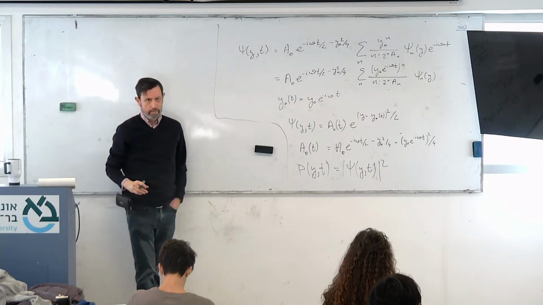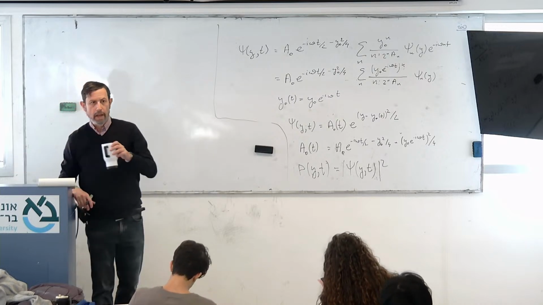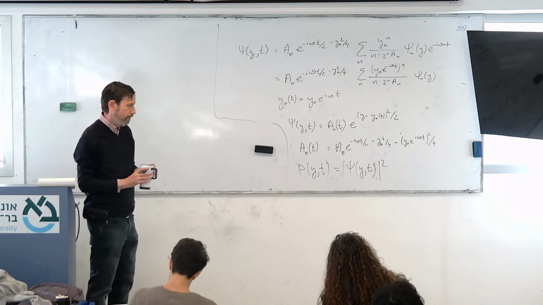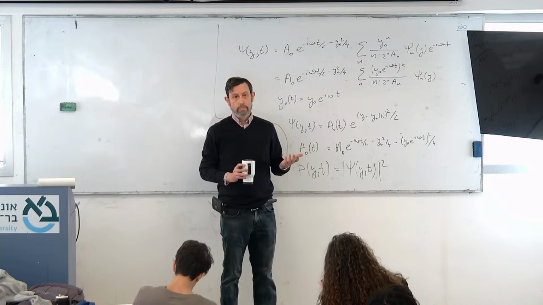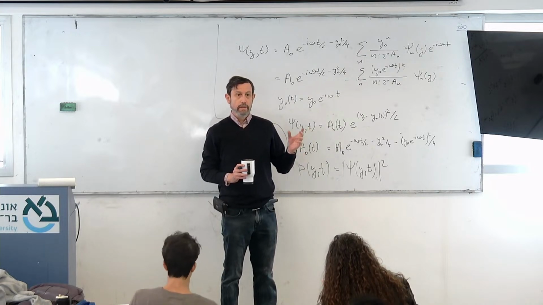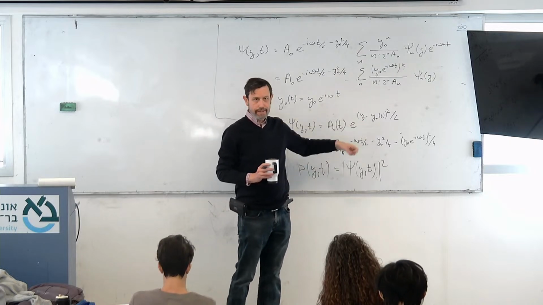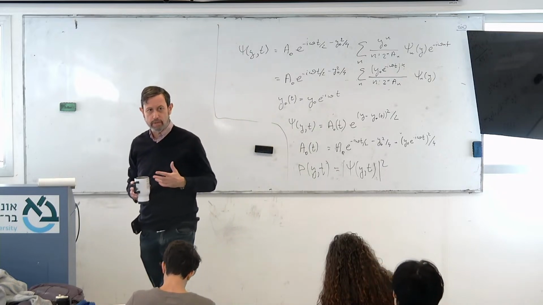But how do you know that A0 is moving with time? Or A0 is a normalization at the end of the day, right? Yeah, but the normalization is constant. Not necessarily. If the wave packet breathes... I said that the center moves as a harmonic oscillator, a classical harmonic oscillator.